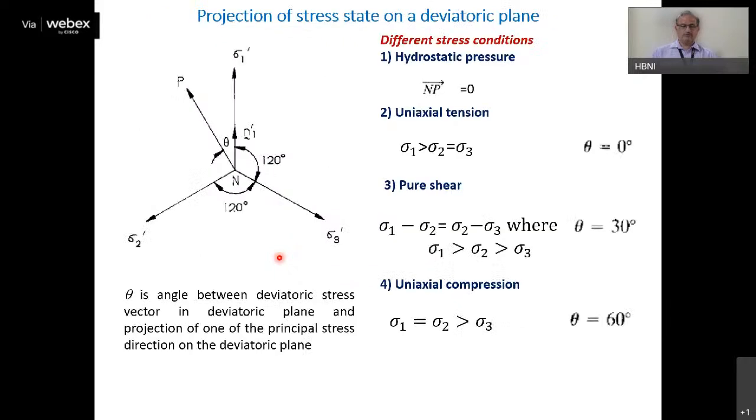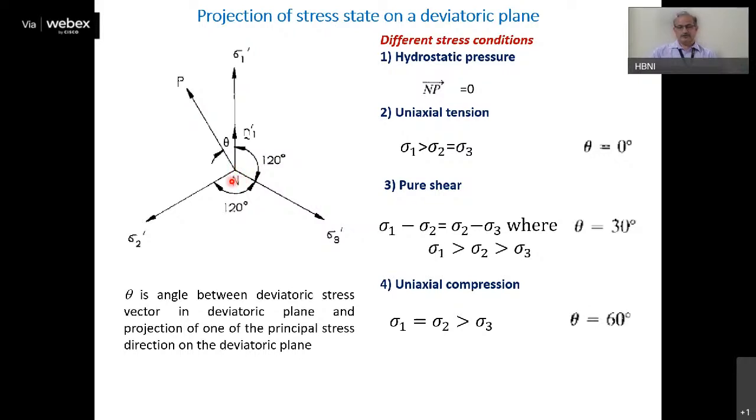In this plane, the hydrostatic pressure will be at the origin. So your vector is 0 in that case, meaning the deviatoric stresses are 0. This point defines the hydrostatic pressure condition. That's why, from the macroscopic picture, it looks like under hydrostatic conditions there will not be any plastic deformation, as there will not be any yielding.